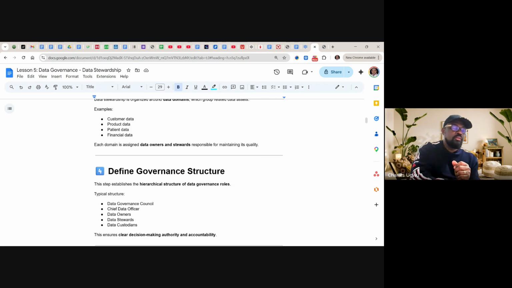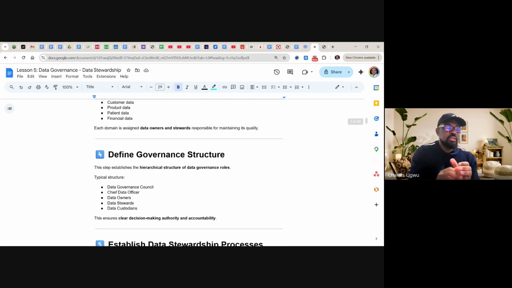So, number 4 in the data steward governance framework, the 4th component here is define the governance structure.